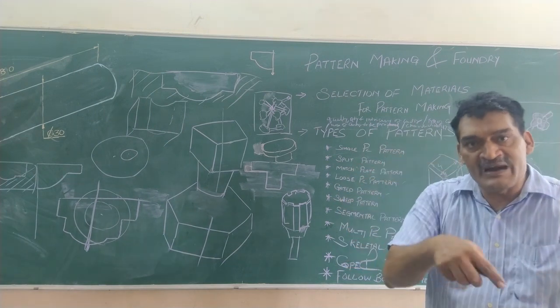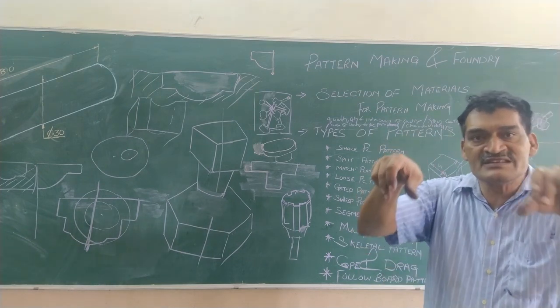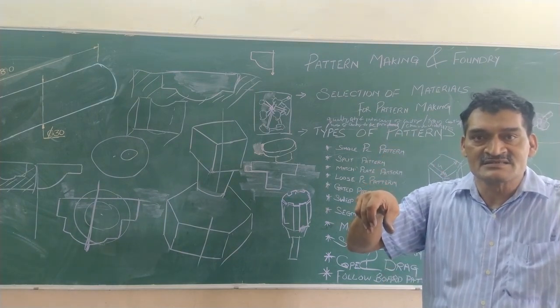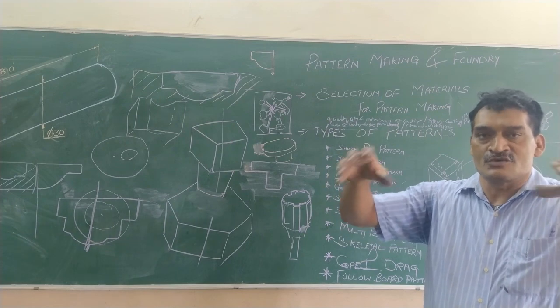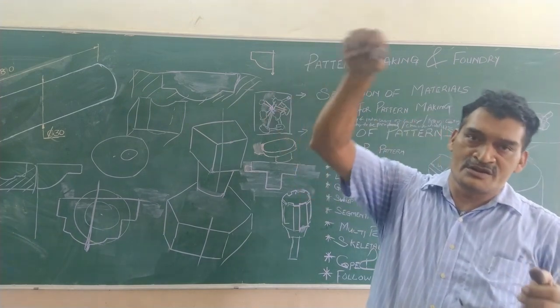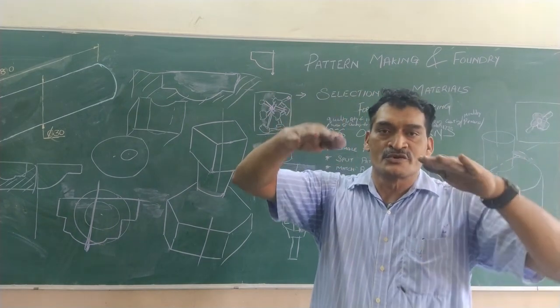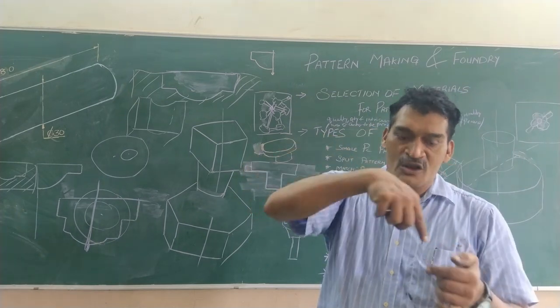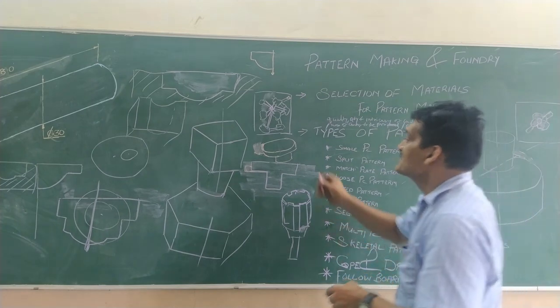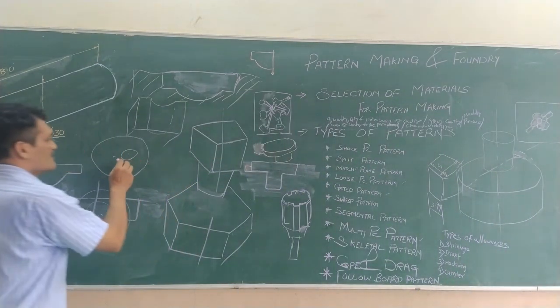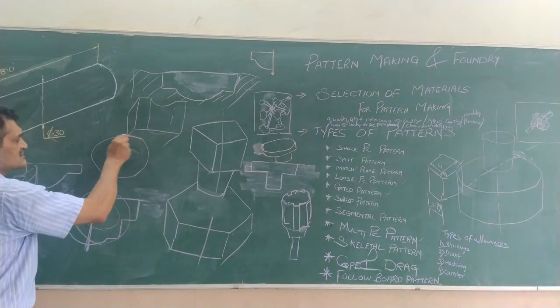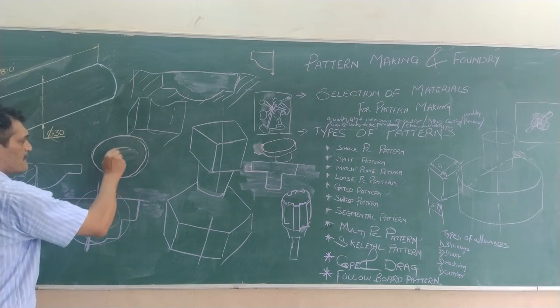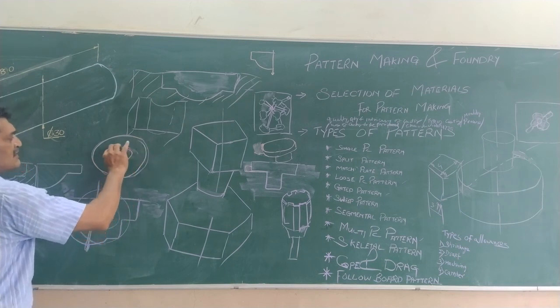So when you have small parts, the other part is filled with sand. Okay? So wherever you do not want the molten metal to go, you want a hollow, for example in a wheel. Suppose you have a wheel like this. Okay? And then you want spokes.